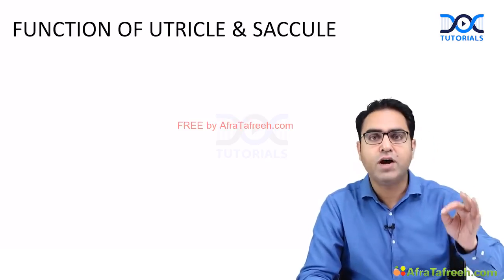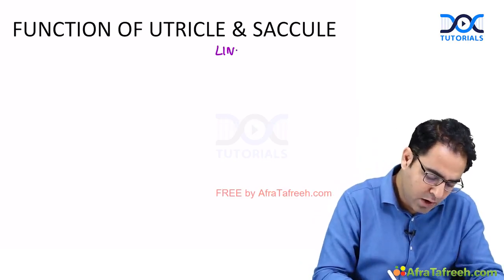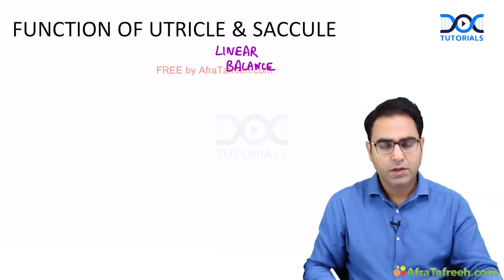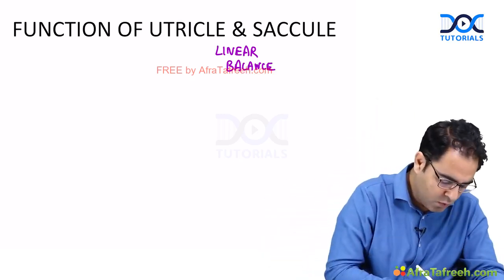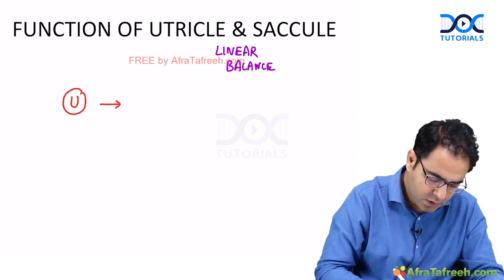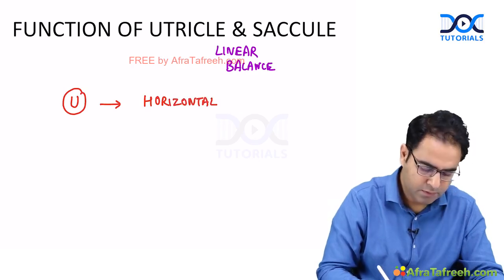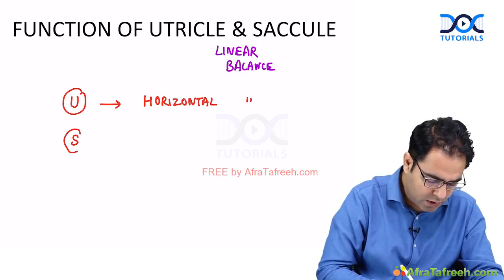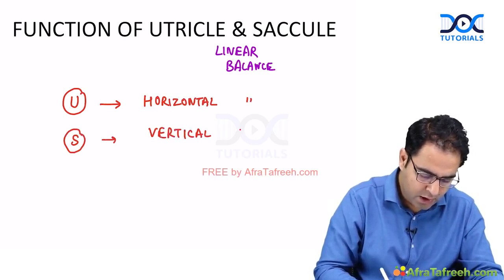Now, what is the function of utricle and saccule? I'm sure you remember they control our linear balance. Standing upright is linear balance. There are two linears: vertical linear and horizontal linear. The utricle controls the horizontal linear balance, but the saccule controls the vertical linear balance.